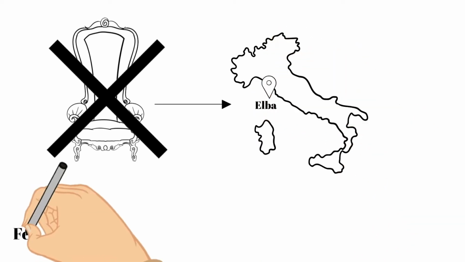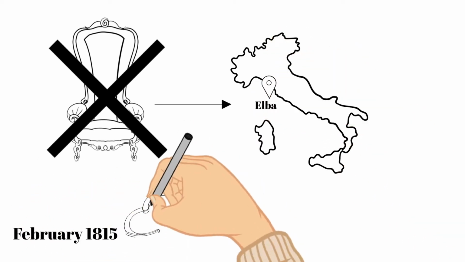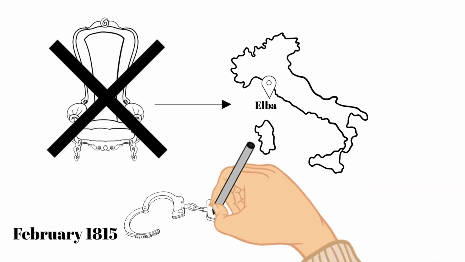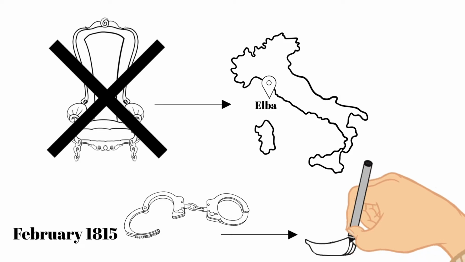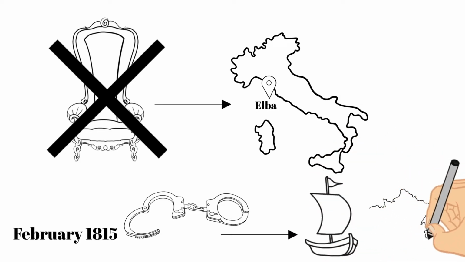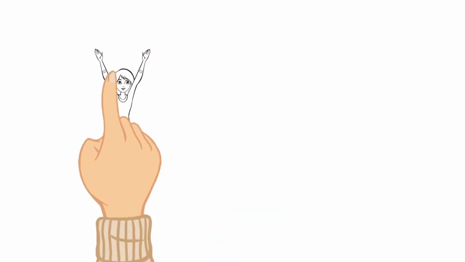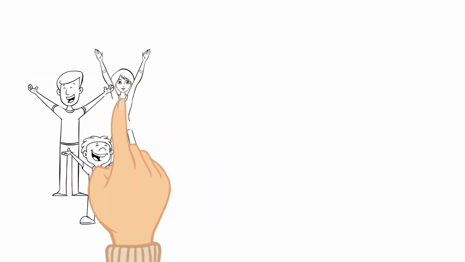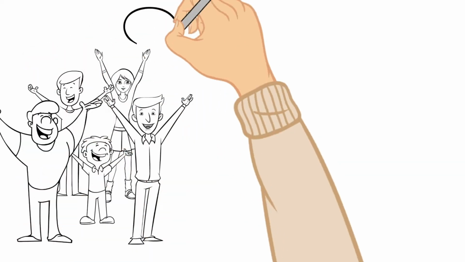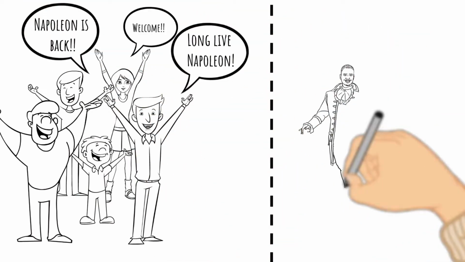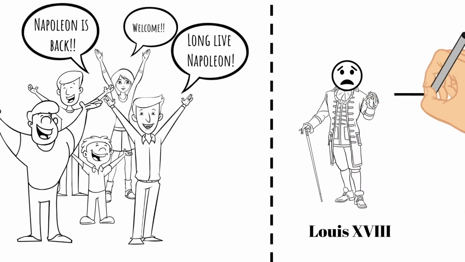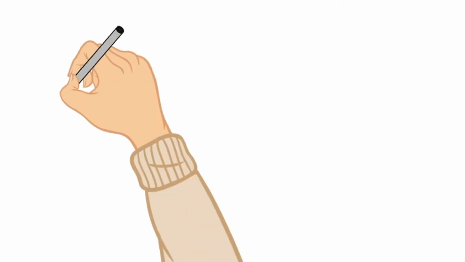Less than a year later, in February of 1815, Napoleon escaped from Elba and sailed for France with a group of 1,000 supporters. He got there on March 20th and was greeted with cheers from the people. The new king, Louis XVIII, fled, and Napoleon took power once again.